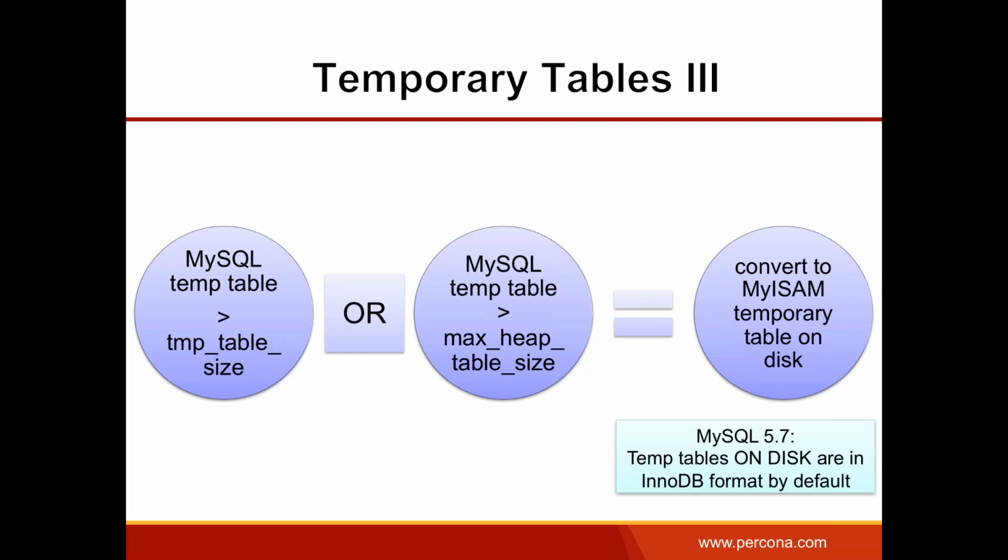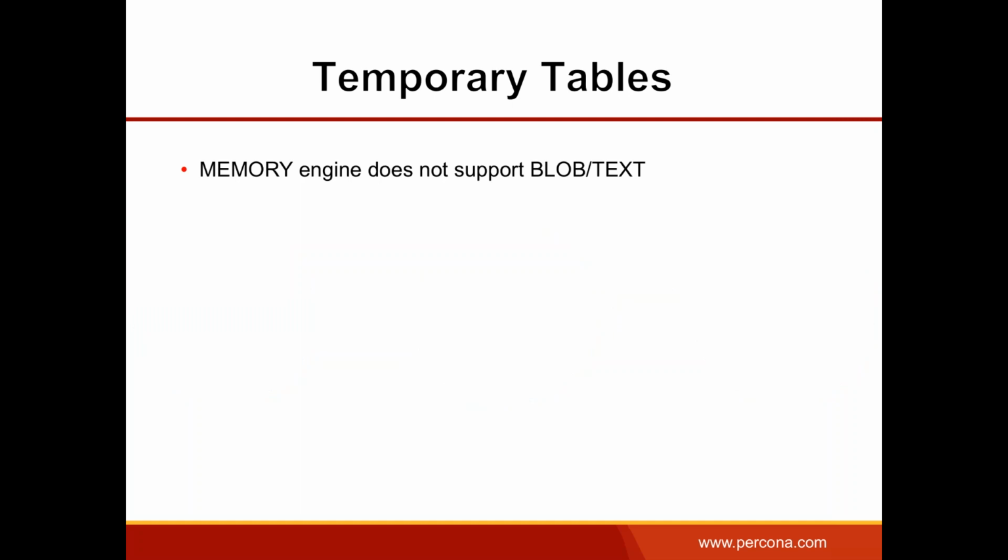Now in MySQL 5.7, the temporary tables on disk will be in InnoDB format by default. And there are some advantages and disadvantages of that. Now, another limitation of those temporary tables and storage is that the memory engine doesn't support blobs or text.